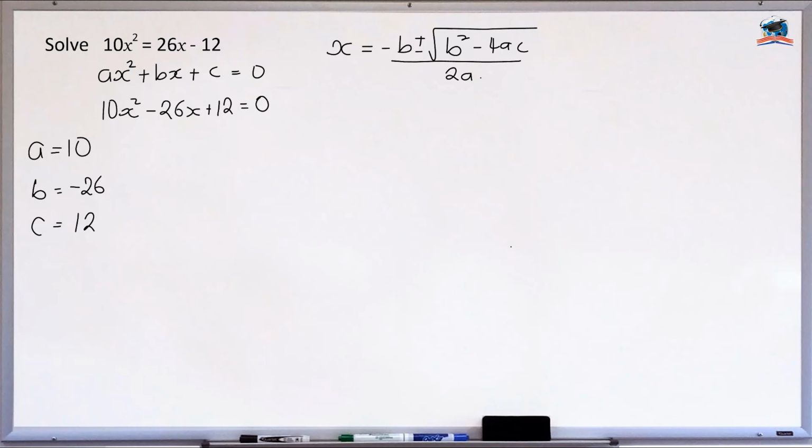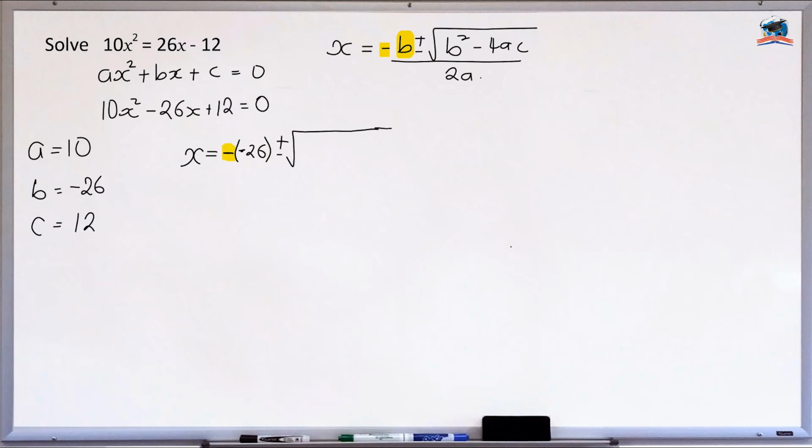We start with x is equal to minus, and then we have the b. The minus is on its own, and then for the b, in this case, b is minus 26, so we have an open bracket and a minus 26. Then we have a plus or minus, and the square root sign.